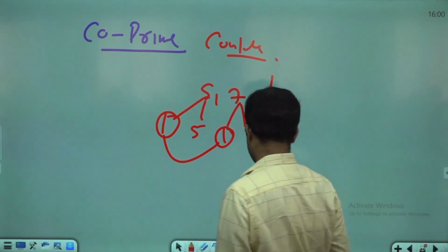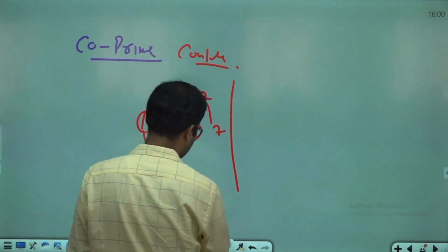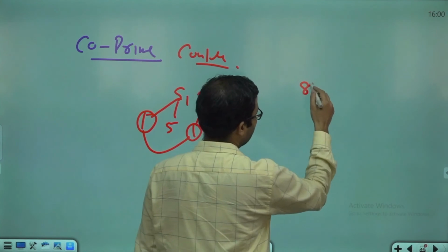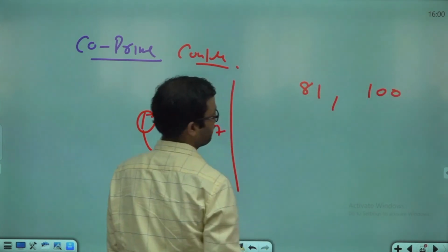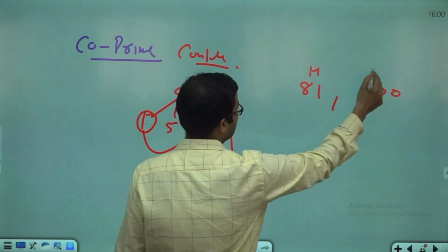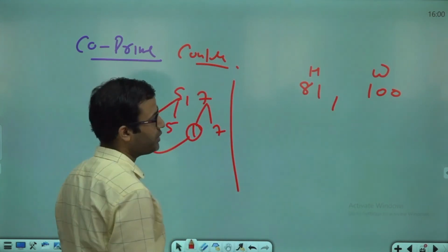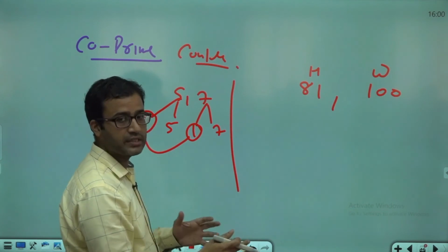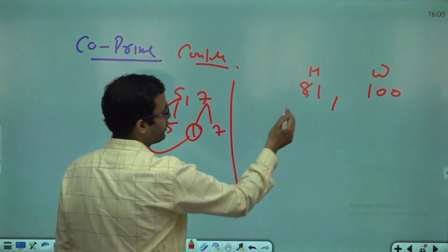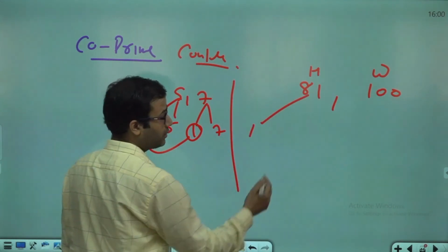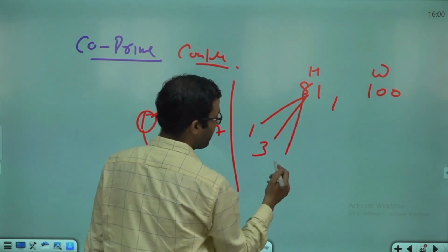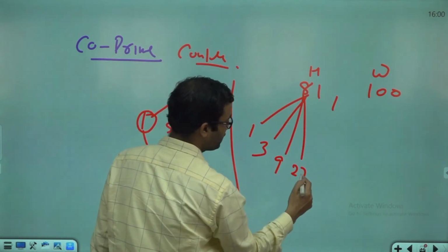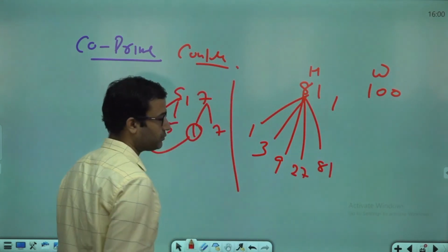But it can be a couple of this type. It can also be like 81 and 100. It's like husband, it's like wife. Okay, so factor means relation. How do I understand factor? Relation. So here, having a relation with 1, with 3, with 9, with 27, with 81.